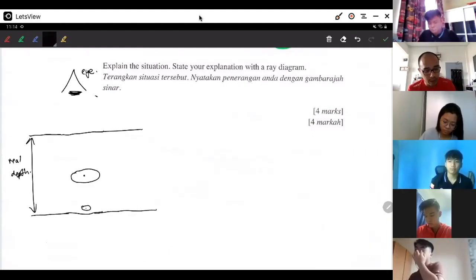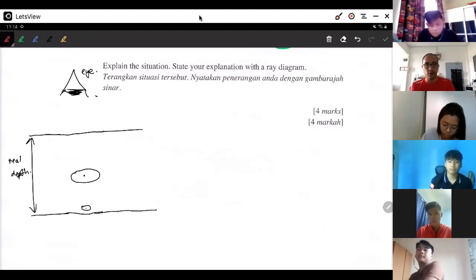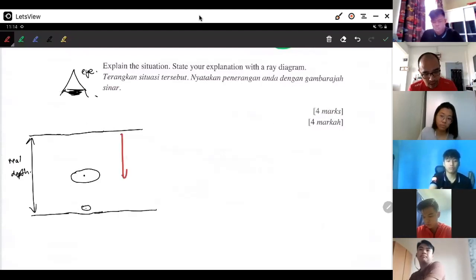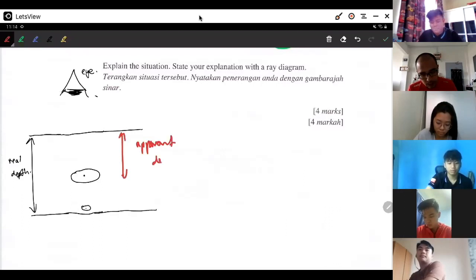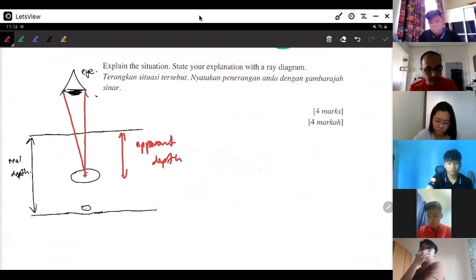Okay, so since this is the eye, this is my second attempt at drawing this. So from the eye to the apparent image, this is the apparent depth. From the eye to the apparent depth, we draw a straight line over here, like that.